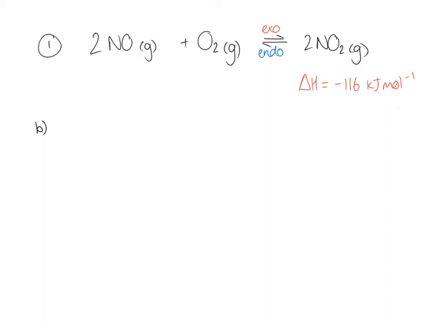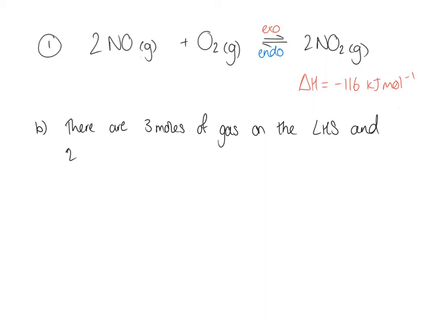Okay, so we're going to start our explanation by simply saying there are 3 moles of gas on the left hand side, and you can see there are 2 moles of gas on the right hand side. Okay, so that's following the first point of our framework.